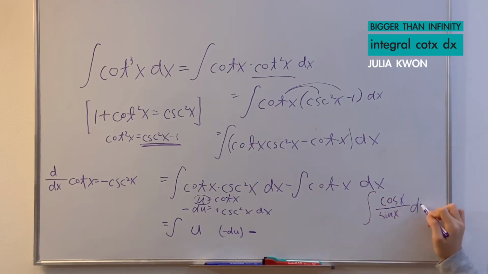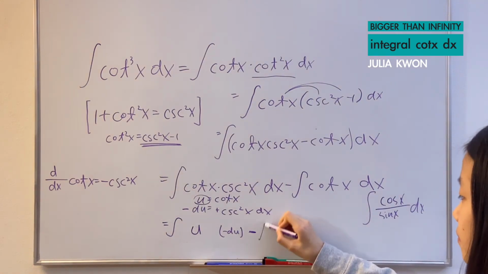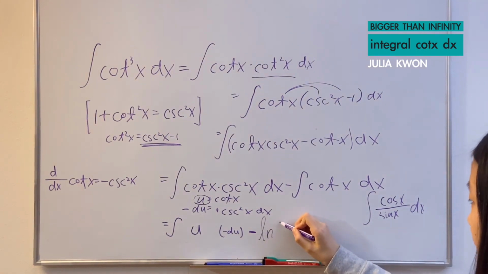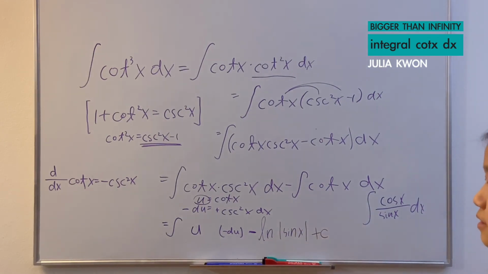And we're going to use the u-substitution rule, and we're going to set u equal to sine x, which then du would be equal to cosine x dx. So that would give us minus ln absolute value of sine x plus the constant.